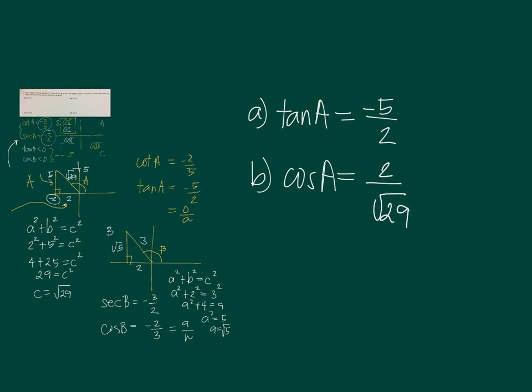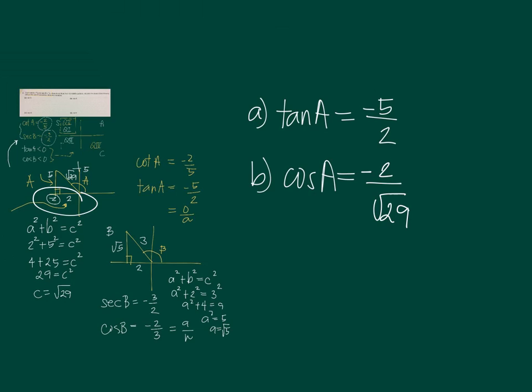Note that the angle A is in the second quadrant, so this must be negative 2 over the square root of 29. Again, if you already considered the negative 2 as the value of the side, of course the side should always be positive, then you can immediately have negative 2 over the square root of 29.